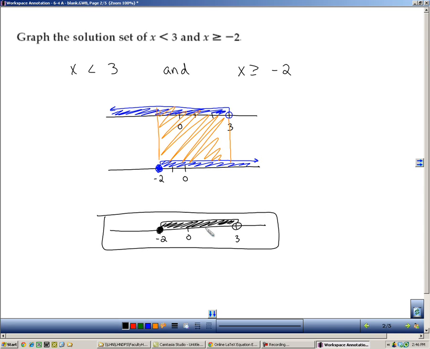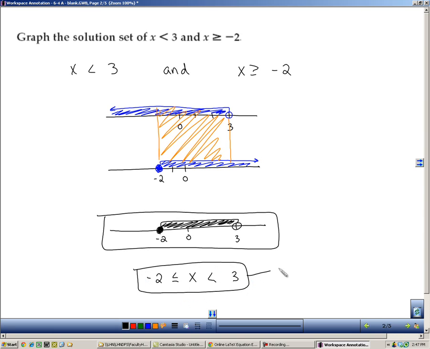One other thing about and inequalities is this. If you write this answer with a letter x being in between the number -2 and the number 3, well, it would look like this. You would say that -2 is less than or equal to x, and x is less than 3. Notice what I've done.